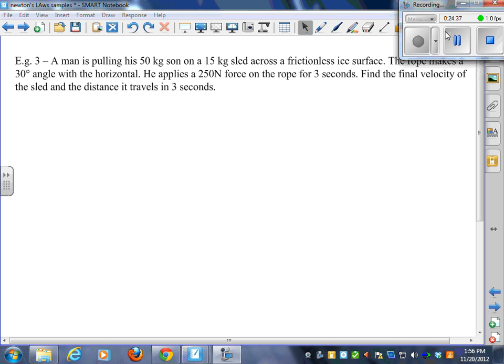I'd like you to read this and draw the picture. Does it matter that the kid weighs 50 kilograms and the sled is 15? Yeah, you've got to add them together. I would likely give you a freebie mark for that. Add them together, 65. Don't lose out on that mark. It's a frictionless ice surface.